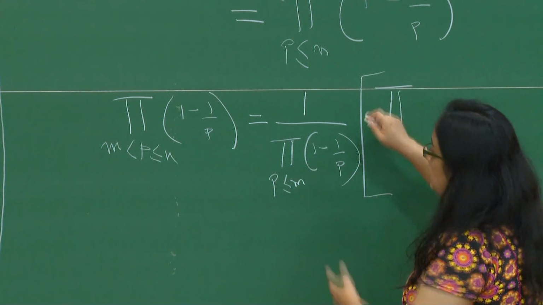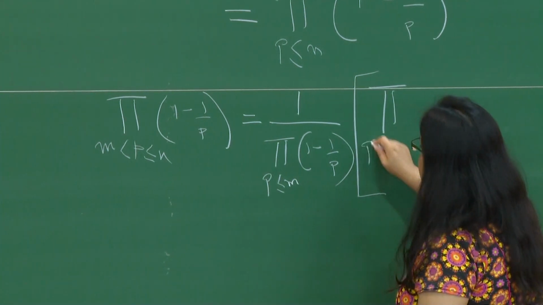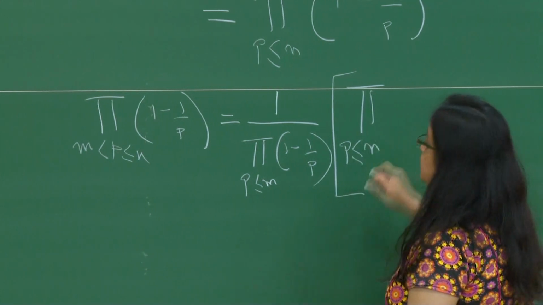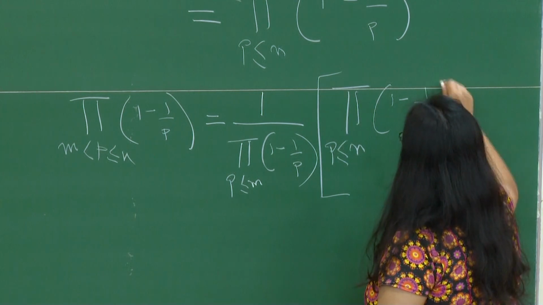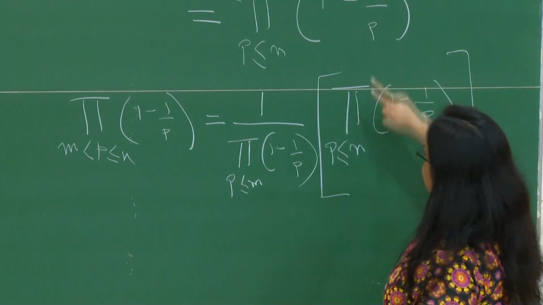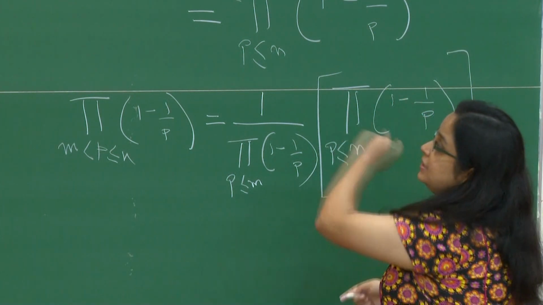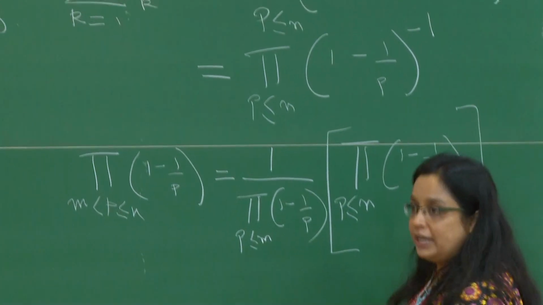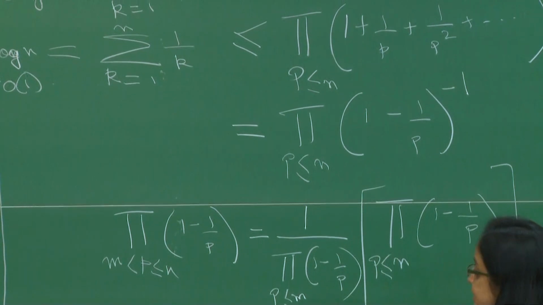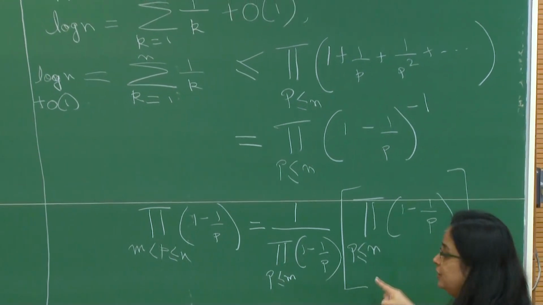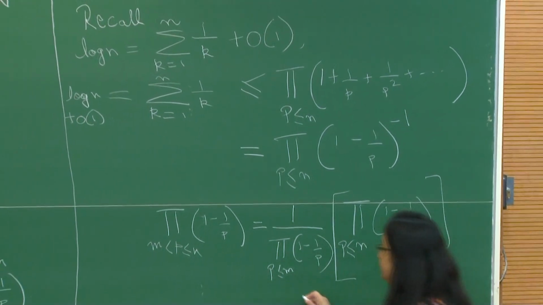But now, what remains is the product over all the primes up to n of 1 minus 1 by p. Now, the inverse of this product is greater than or equal to log n plus O of 1. Therefore, this product itself is less than or equal to 1 over log n plus O of 1.